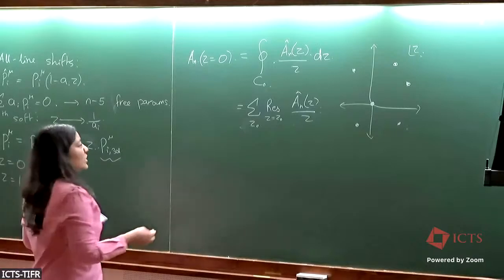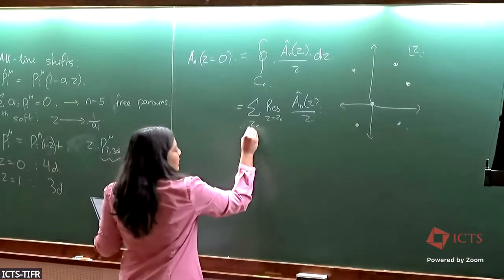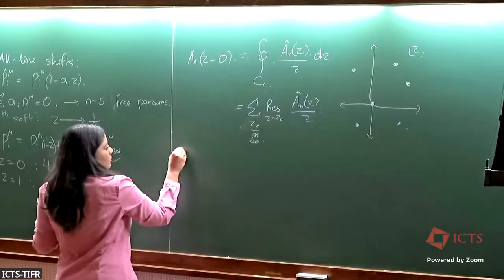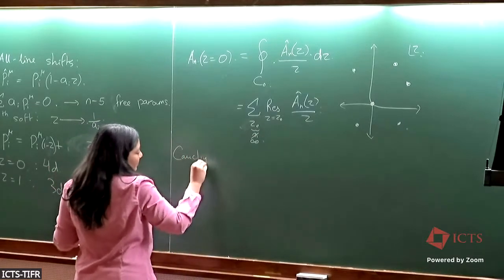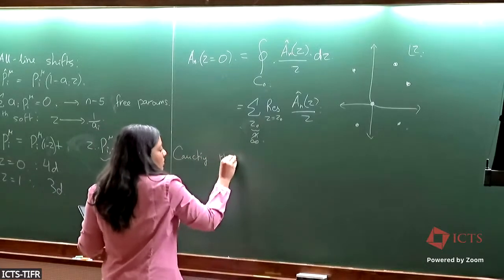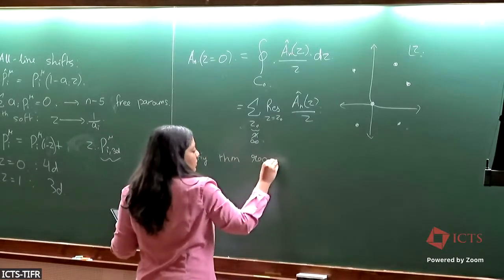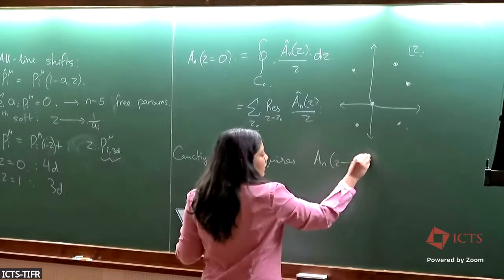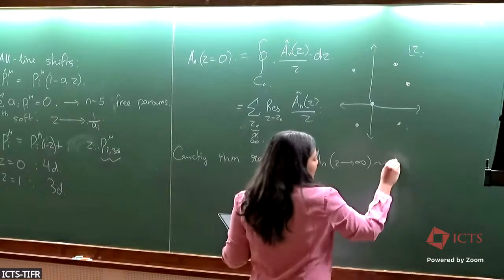But you can only use Cauchy's theorem, or rather, this doesn't contain infinity if Cauchy's theorem requires that A_n as z goes to infinity behaves at least as well as 1 over z.